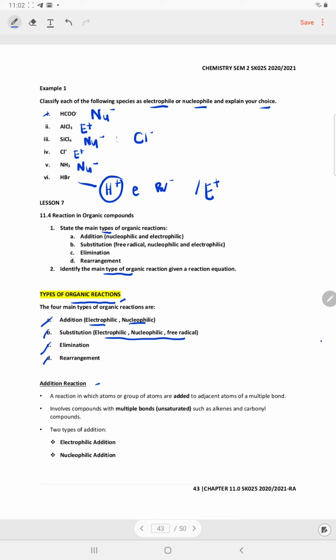In addition reactions, we must consider two types: electrophilic addition and nucleophilic addition. In addition, we focus on the process of adding.